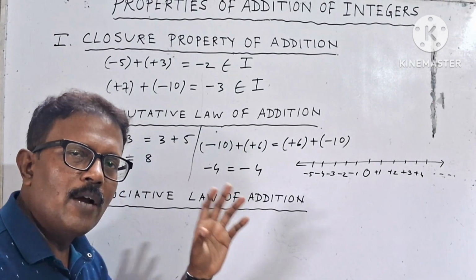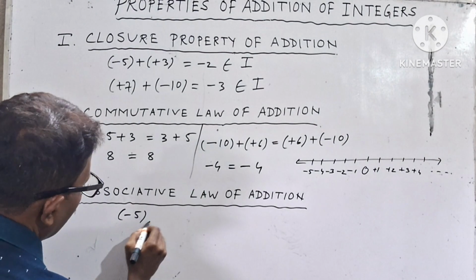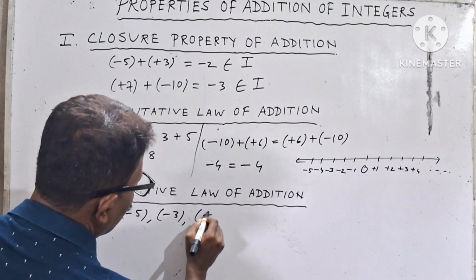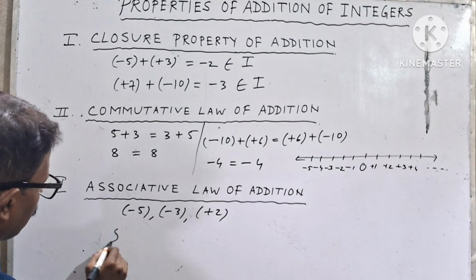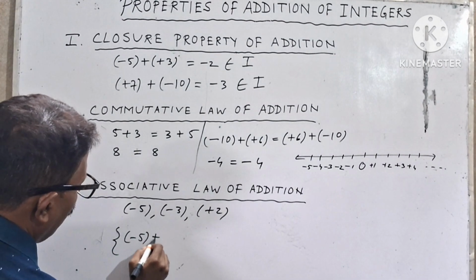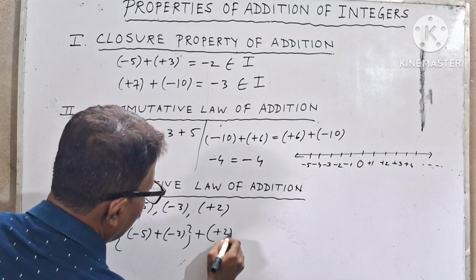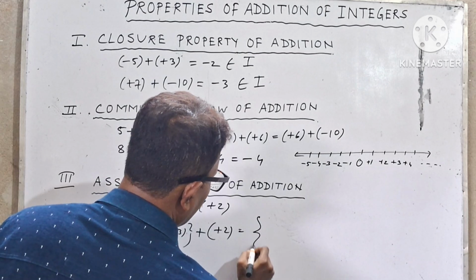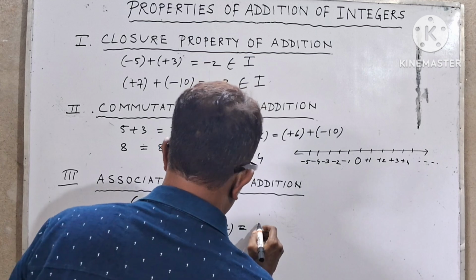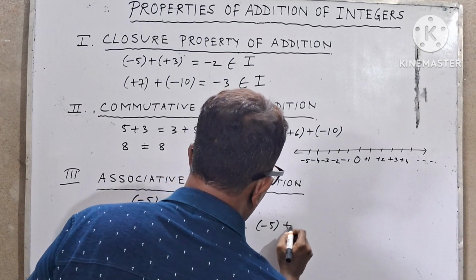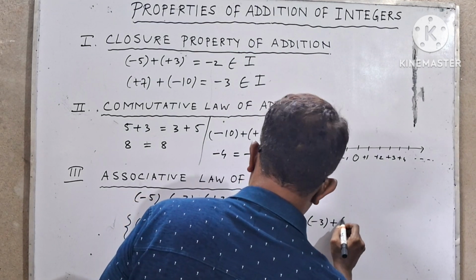Now in this case we have to take three numbers. Let us take minus 5, minus 3 and plus 2. Now the sum of the first two, that is minus 5 plus minus 3, and plus the third one, should be equal to minus 5 plus, within the second bracket, minus 3 plus 2.